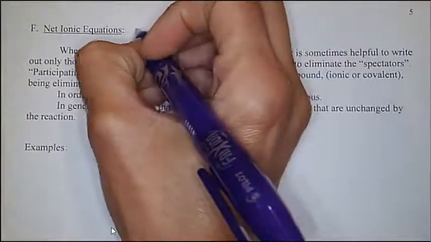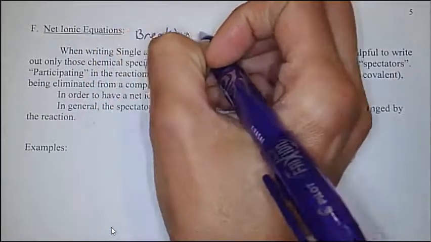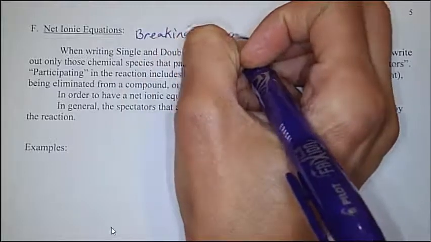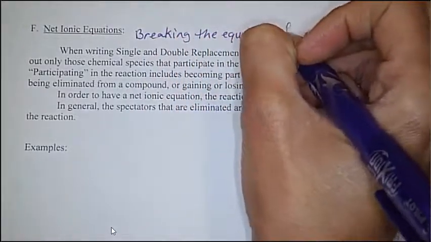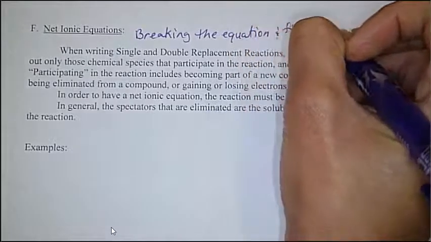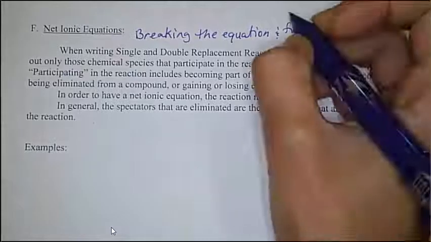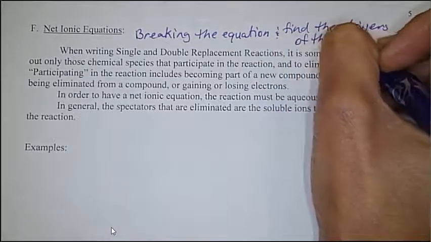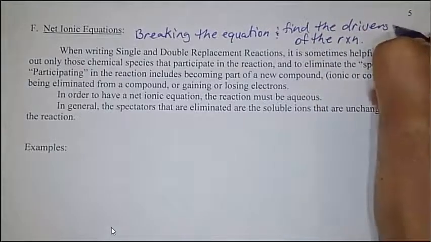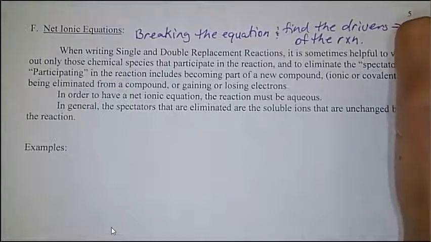So what you do is you start off by breaking the equation, and you need to find the drivers of the reaction. If you're confused on what drivers are, drivers are the ones that cause the reaction.